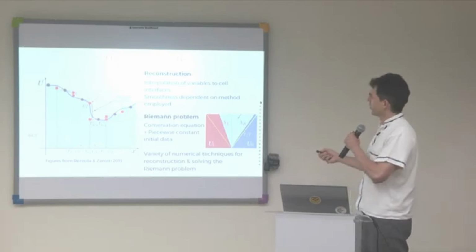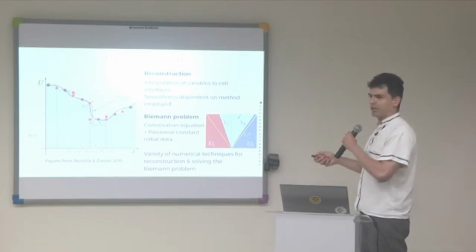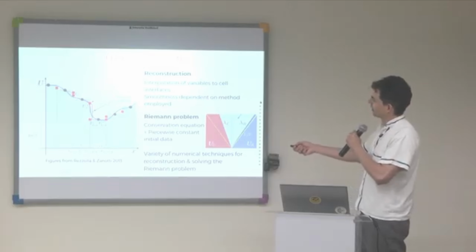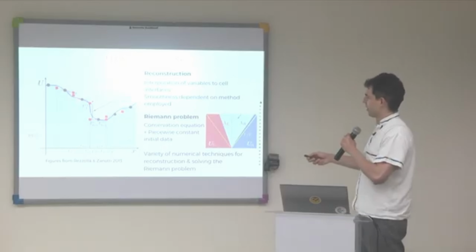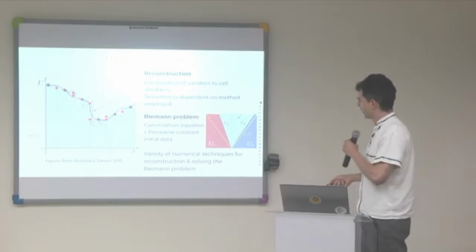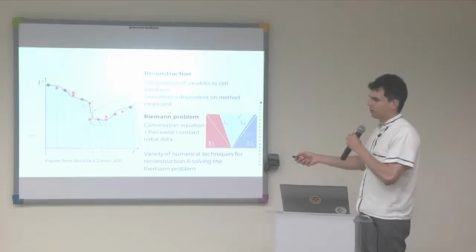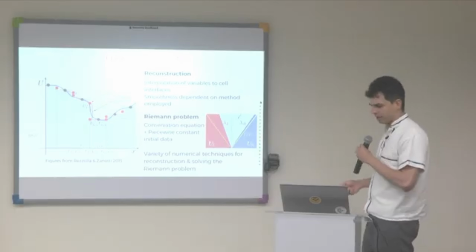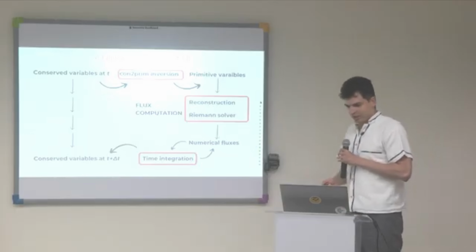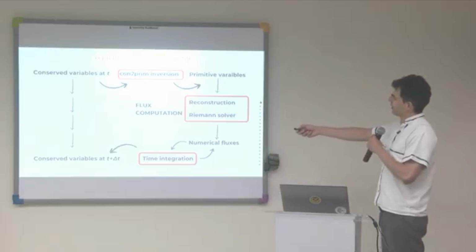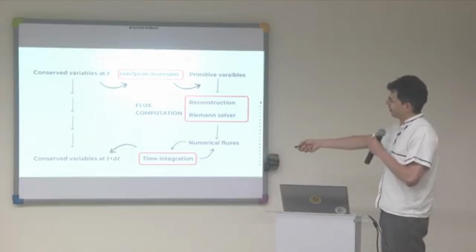So one can have, for example, reconstruction methods that are first order or second order. For example, whether they approximate the values at the interfaces by lines or by fitting a polynomial or different possibilities. So there is a variety of numerical techniques for reconstruction and also of numerical techniques for solving the Riemann problem. So then a finite volume scheme can be summarized by this loop.